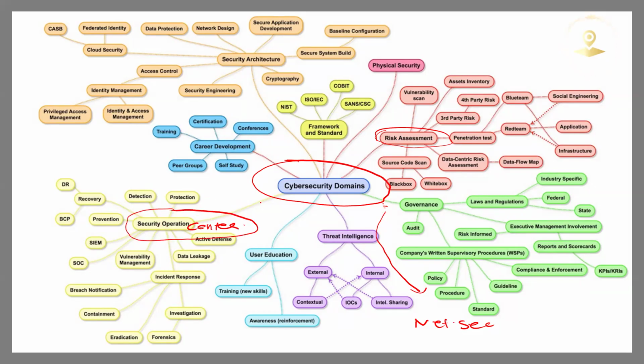So that's the difference. When I say actively, they assess the current logs, current trends, current threats coming to the network, or going from the network to outside. The security operations center will do that. But risk assessment is a passive way of cybersecurity.